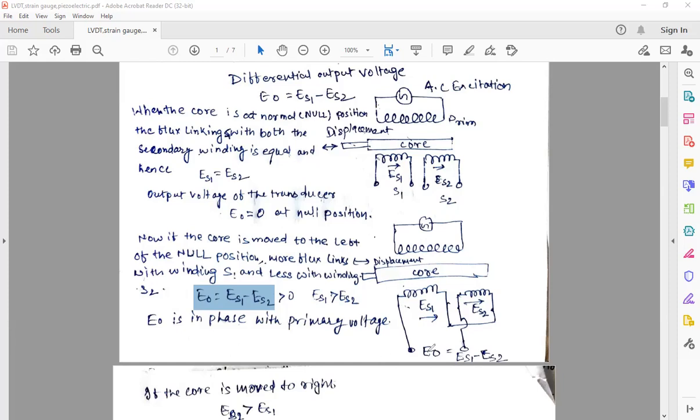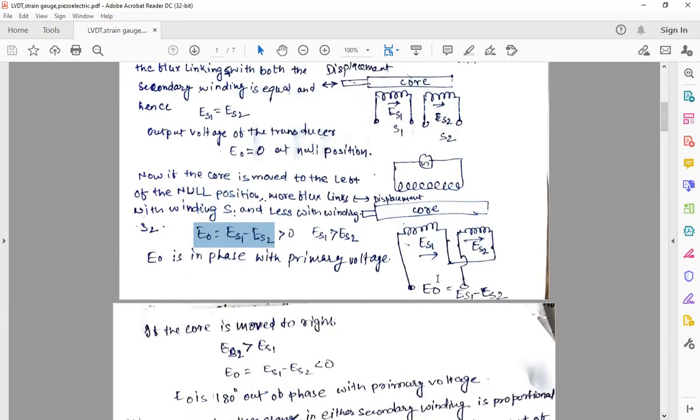If you measure the voltage across the secondary winding through a voltmeter, the change in voltage is directly proportional to the movement of the transformer core, which is called the displacement of the core. So in this way, the LVDT can convert displacement into an equivalent electrical voltage. Okay, any doubt?